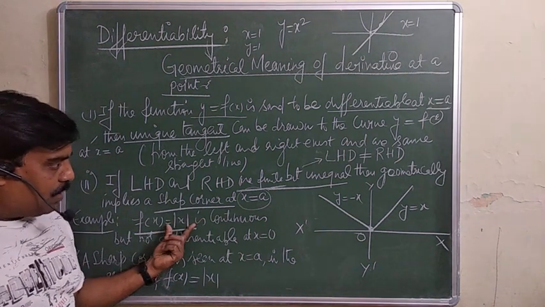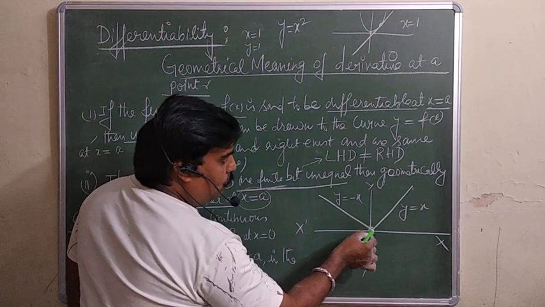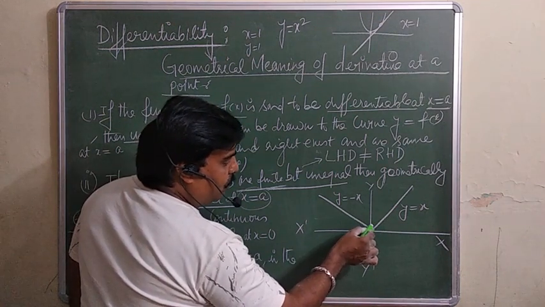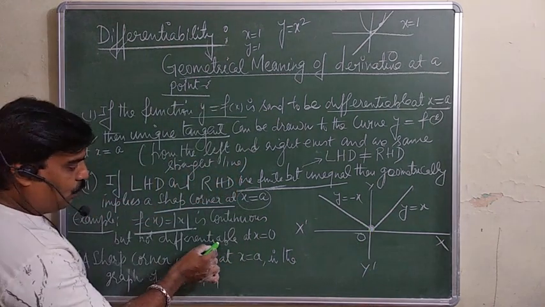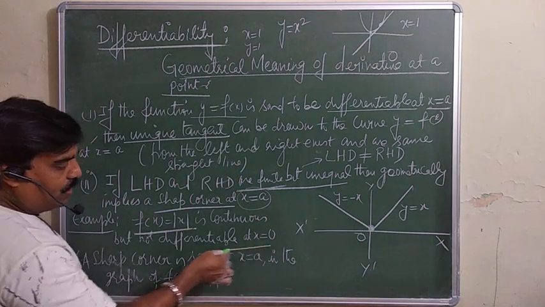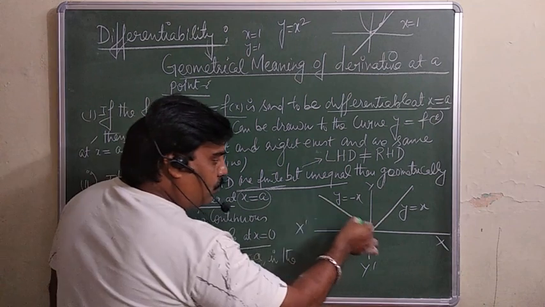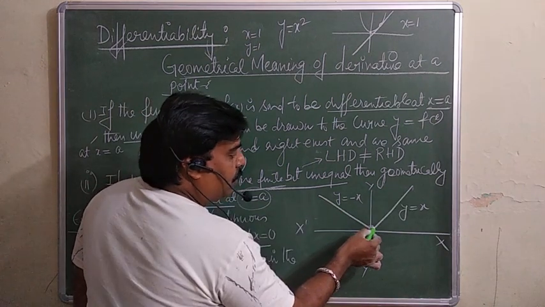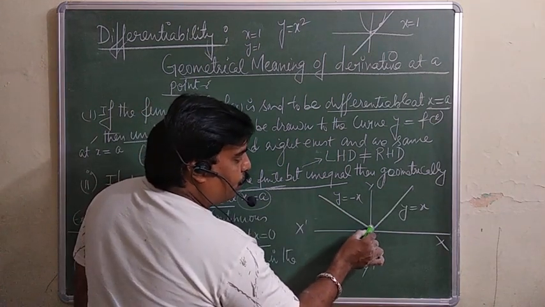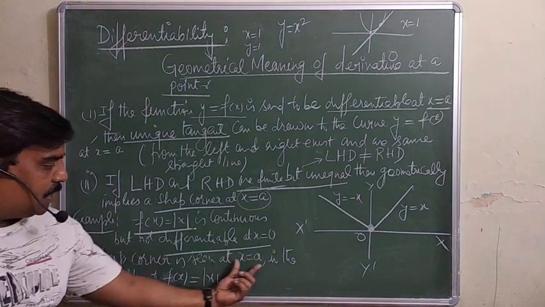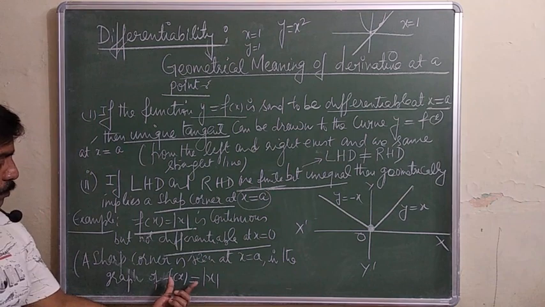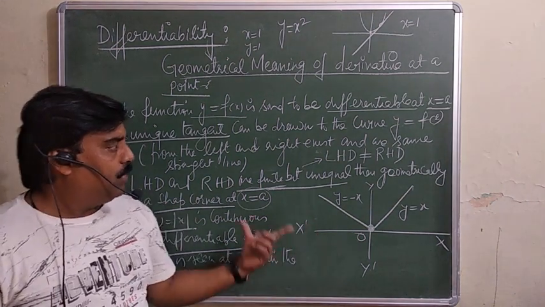If you draw the graph of this at x equals 0, you get a sharp corner. At x equals 0, this function is not differentiable. So if a sharp corner is found in any curve, at that point the function will not be differentiable. Here the sharp corner is seen at x equals a, so this function will not be differentiable.